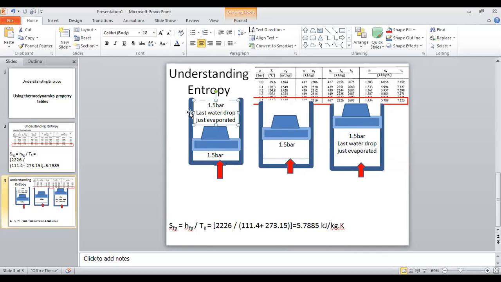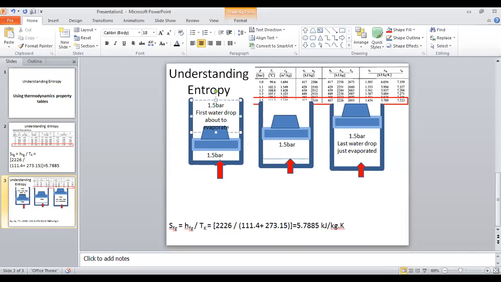Here, at 1.5 bar, the very first water drop just evaporated or is about to evaporate.